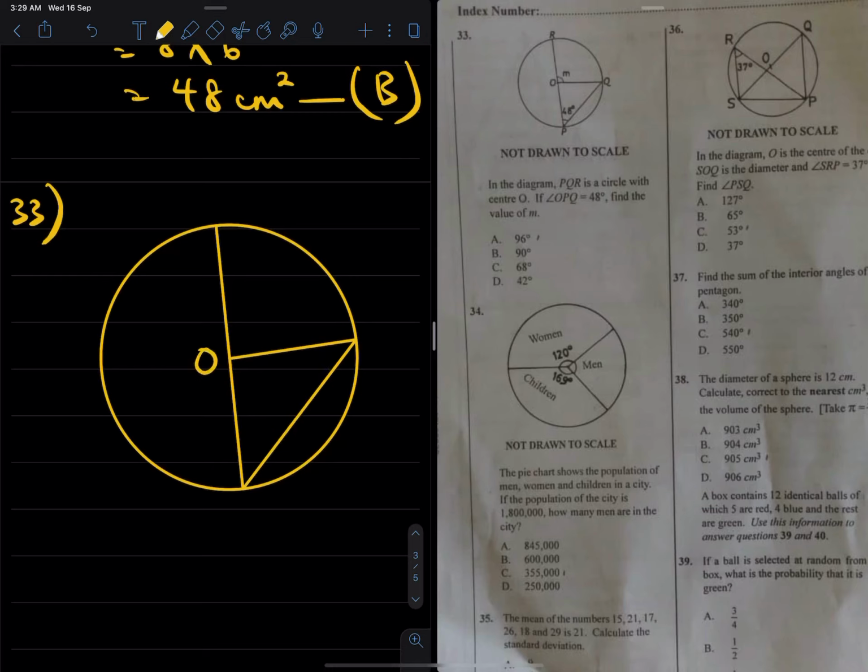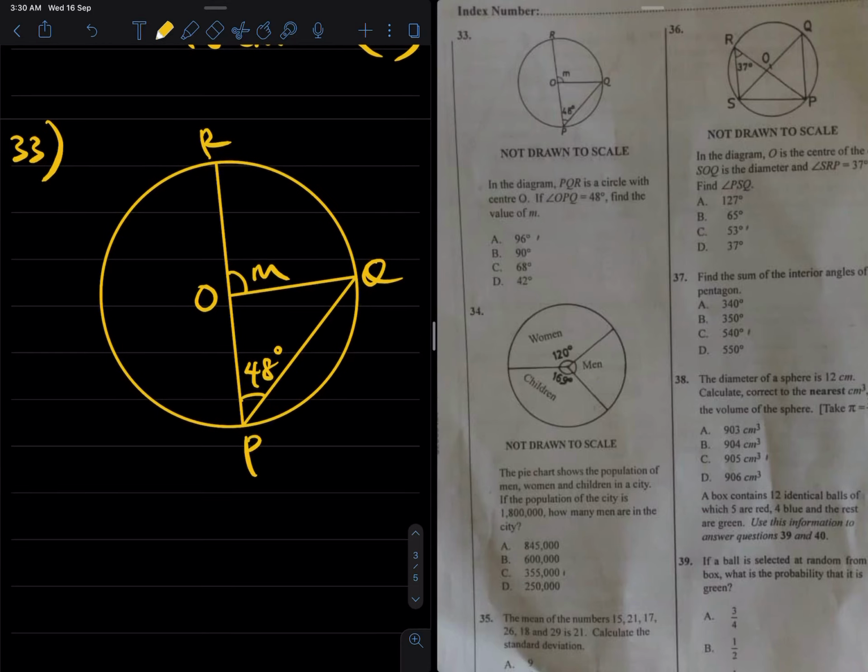O is the center of the circle. This is Q. This is R. And this is P. This angle is M. This is 48 degrees. Now let's get the information. In the diagram, PQR is a circle with center O. If angle OPQ is 48 degrees, find the value of M.